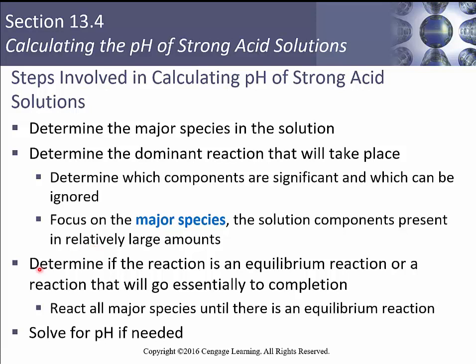Determine if the reaction is an equilibrium reaction or a reaction that will go essentially to completion. Strong acids, strong bases. React all the major species until there is an equilibrium reaction. And then if they ask for it, solve for pH. And that's oftentimes what they're going to look for. Why? Because if you're grading something, looking at something going, oh, the pH is 2.3, it's a lot easier to see, like, boom, you've got that right answer.